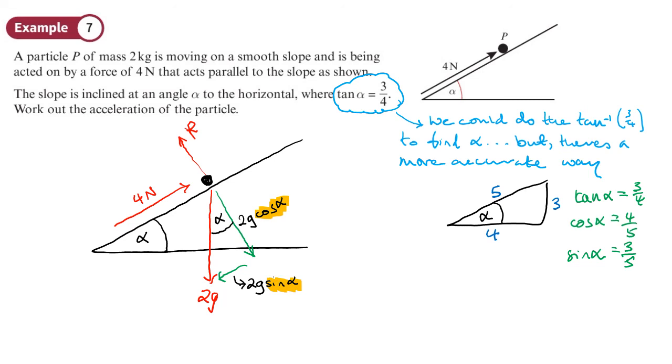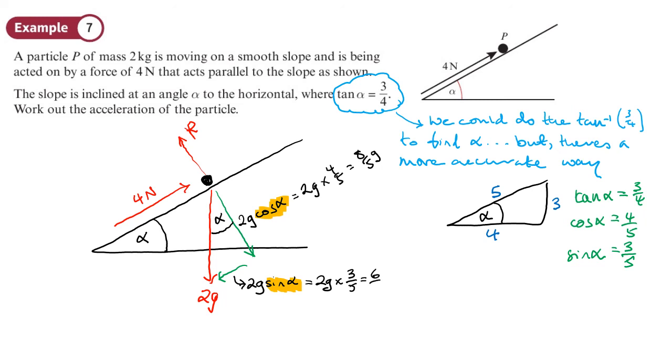So why not replace those with exactly what we know they are? So instead of 2g cos alpha, we could write 2g times 4/5, because that's cos alpha, or even 8/5 g. And instead of 2g sine alpha, why not 2g times 3/5, because that's what sine alpha is, or 6/5 g.